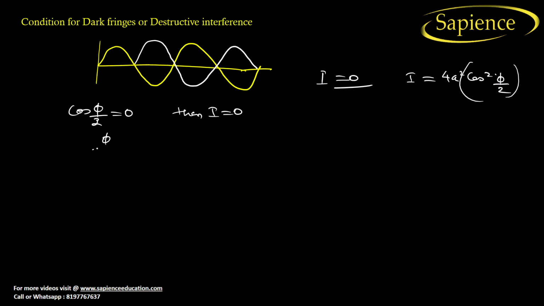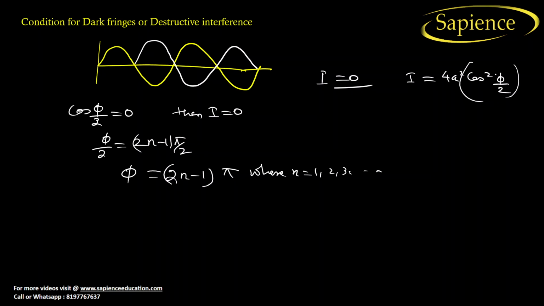So from here we can say that phi by 2 is equal to (2n minus 1) into pi by 2. So phi will be equal to (2n minus 1) into pi, where n is equal to 1, 2, 3, and so on.